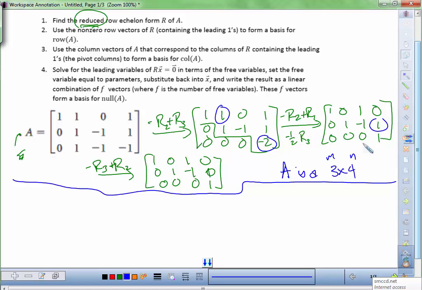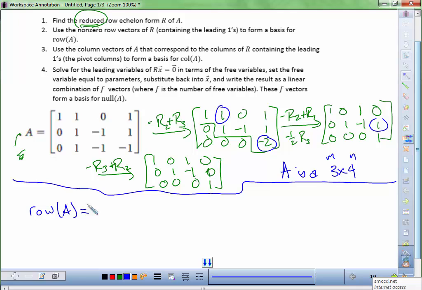So our row space is where? What is the dimension of the rows?